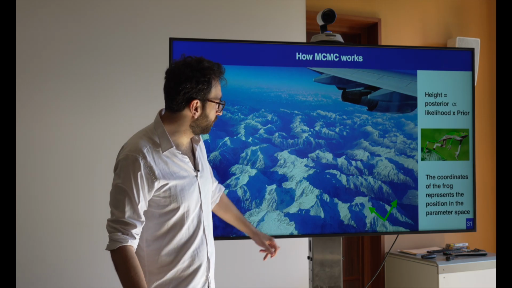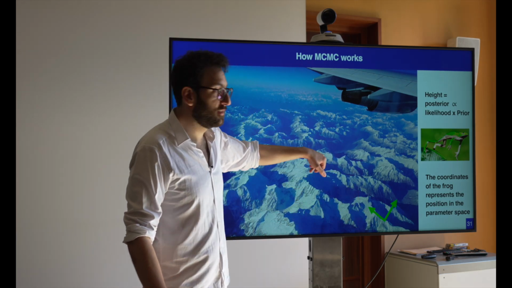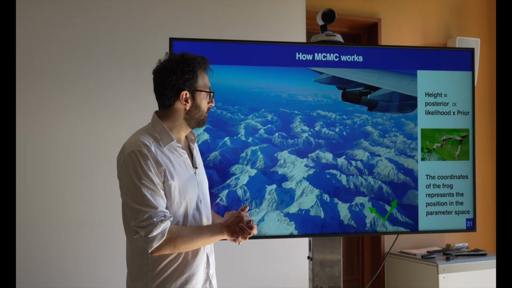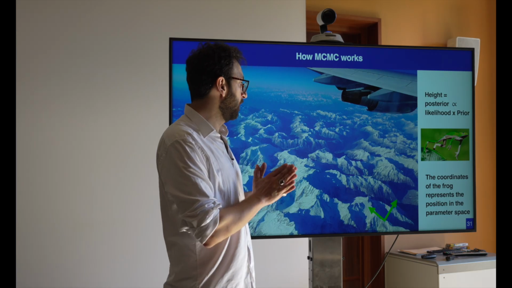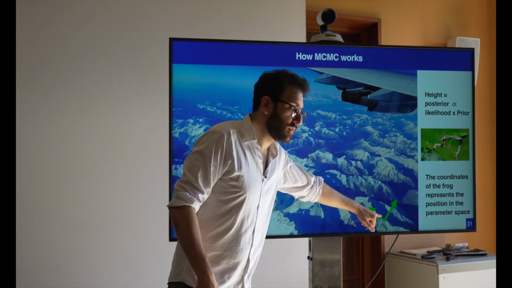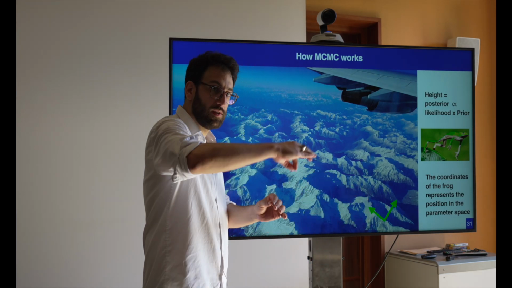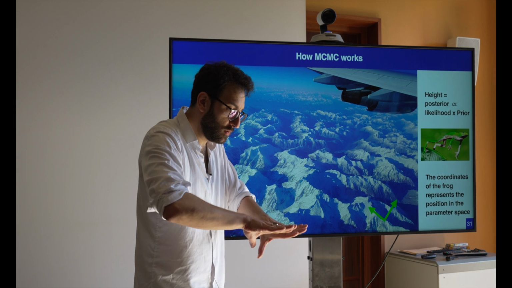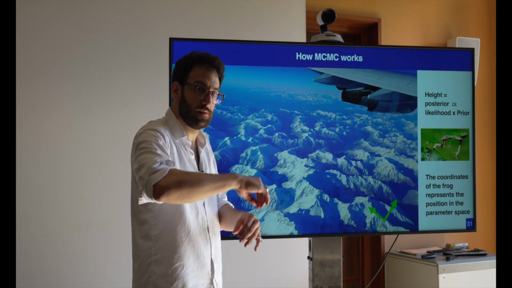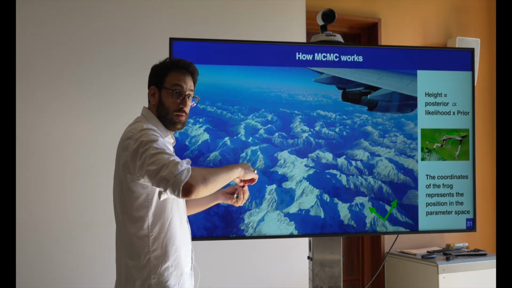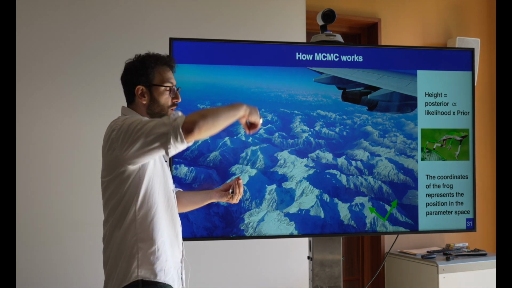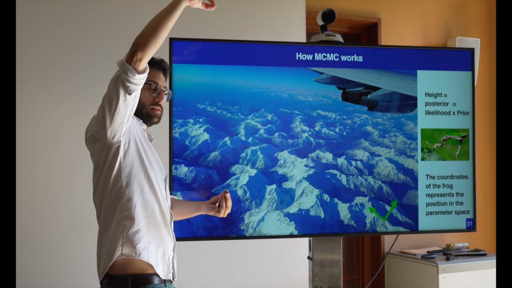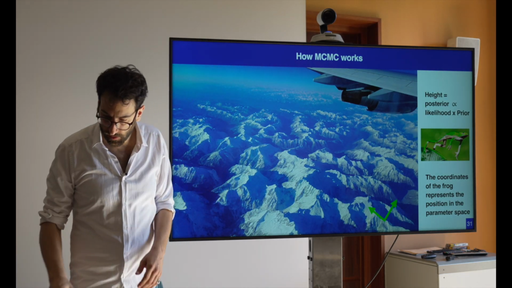Now you have a frog jumping in that mountain, and the coordinates of the frog represent the position in the parameter space. So where it is on the Earth's surface, latitude and longitude, these are the parameters of the model. And where it is height-wise is the height of the posterior.